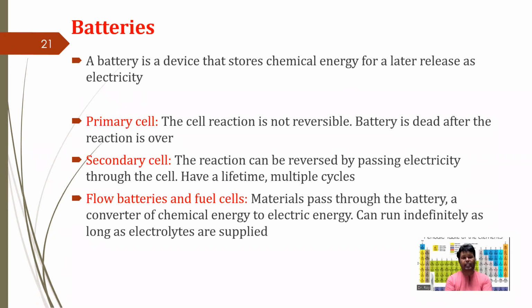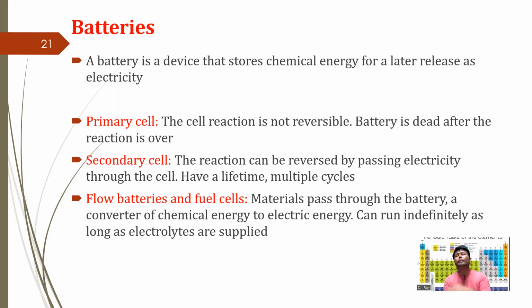But in the case of a secondary cell, we have a certain type of chemical that reacts to form electricity when we are using it, and when we pass electricity through the chemicals again, some reaction proceeds and the chemicals are restored. When these chemicals react, they can generate electricity.